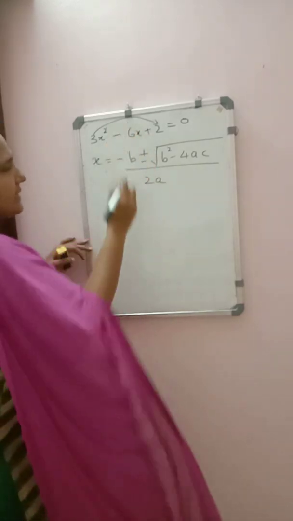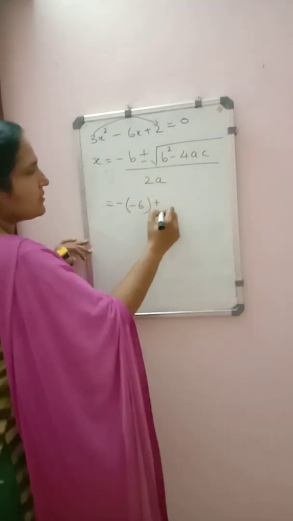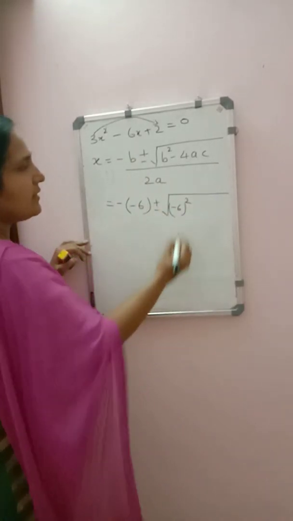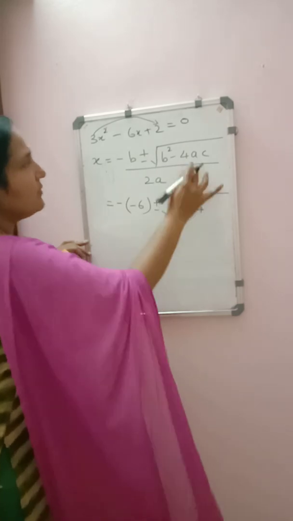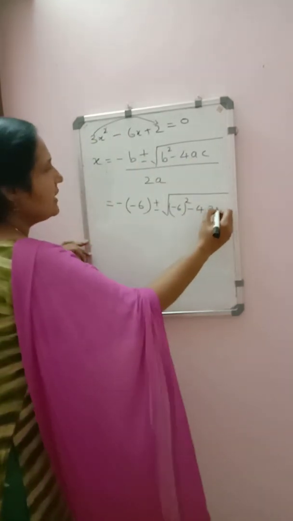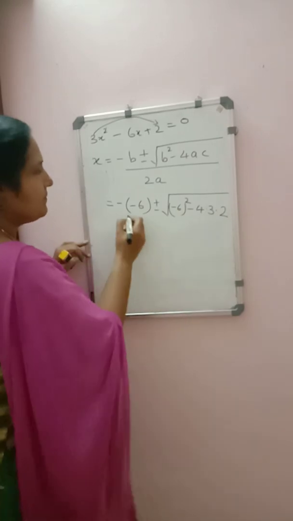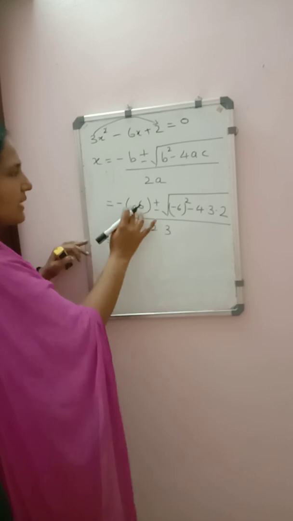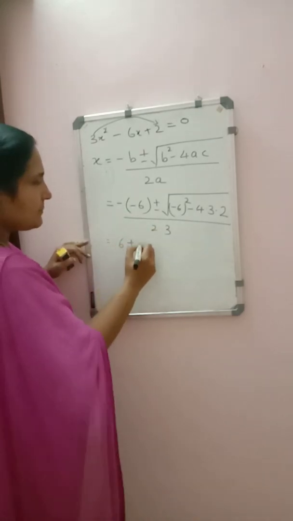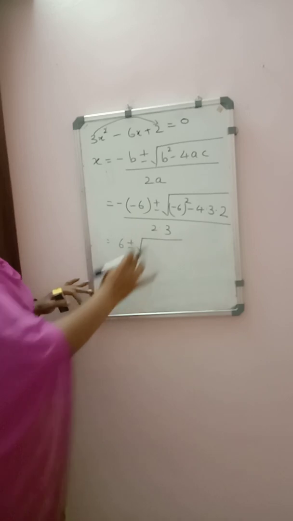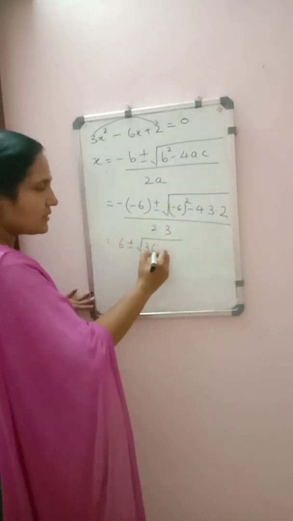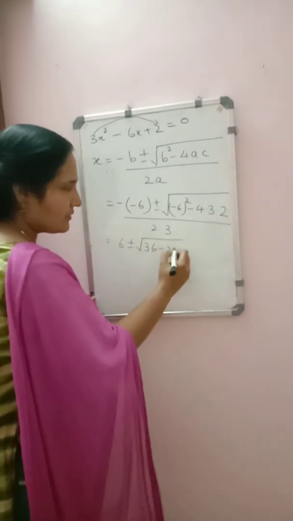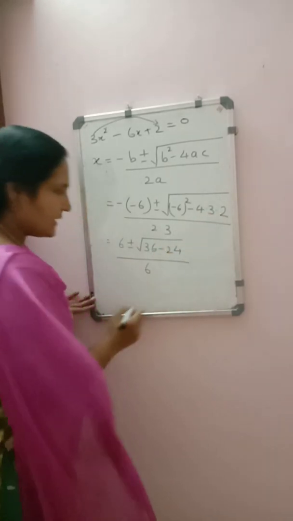Minus of b is negative, minus 6 plus or minus square root of minus 6 the whole square minus 4 into, in place of a we have 3 and in place of c we have 2 by 2a, 2 into 3, which is equal to minus into minus plus 6 plus or minus square root of minus 6 square will be equal to 36. Here 4 3s are 12, 12 2s are 24 by 6.